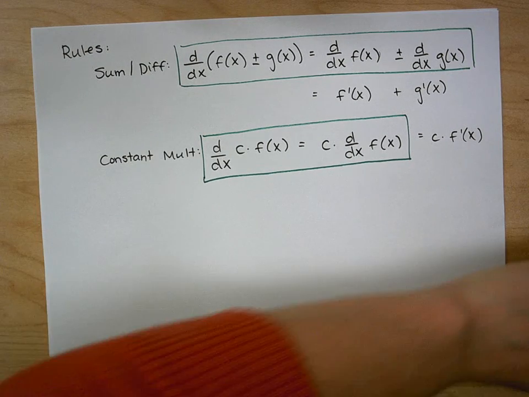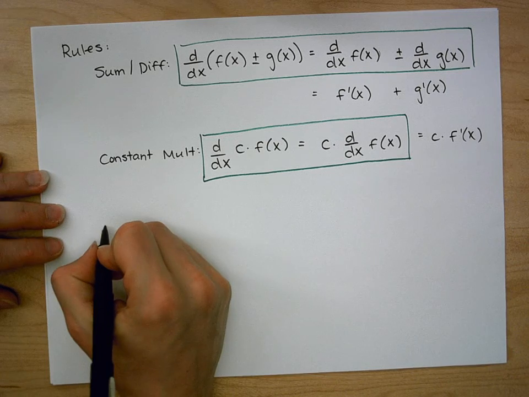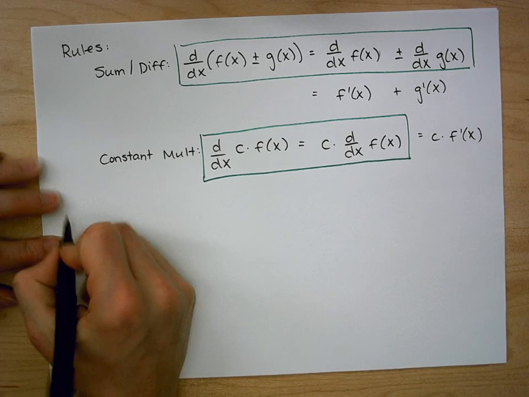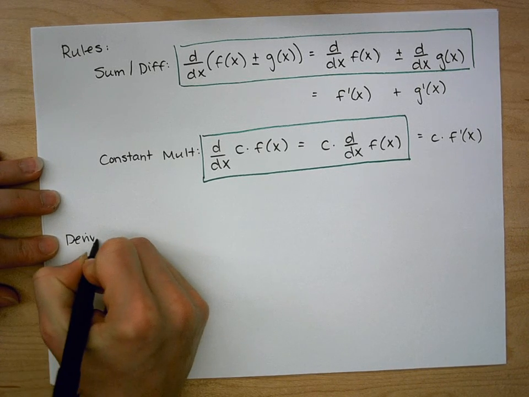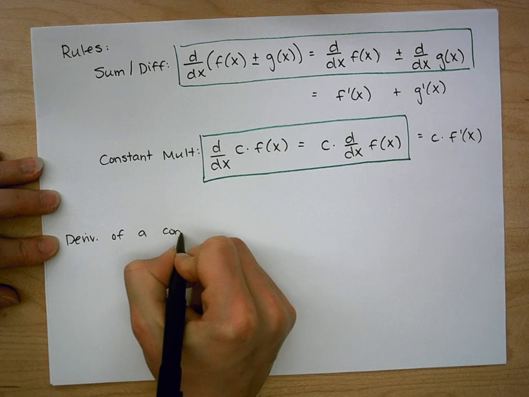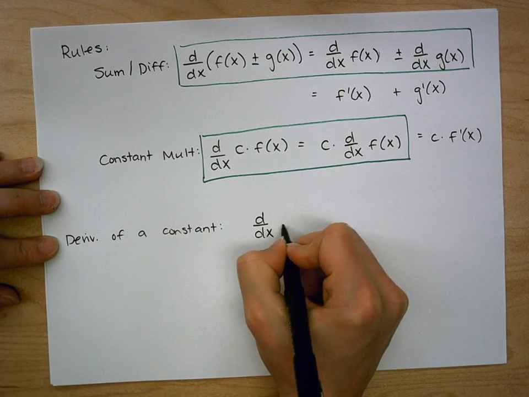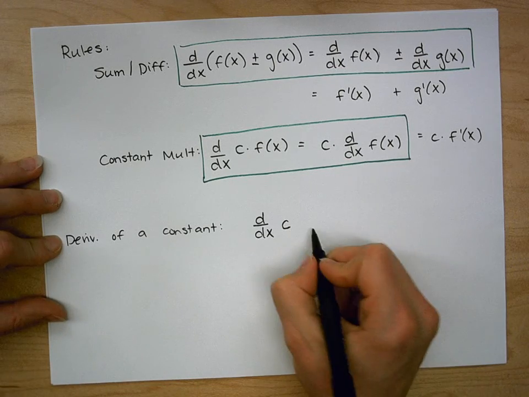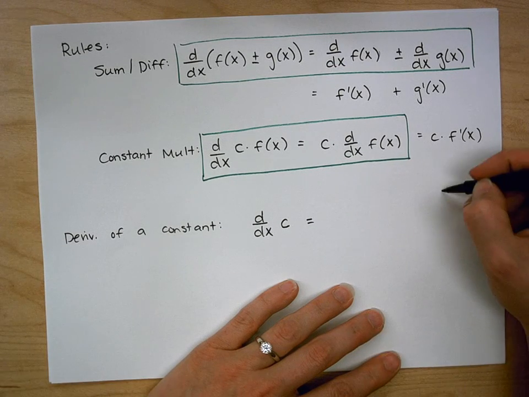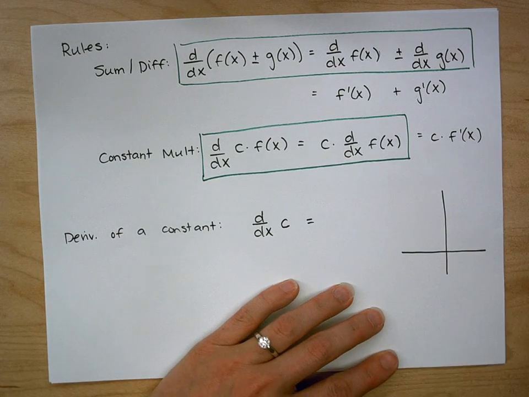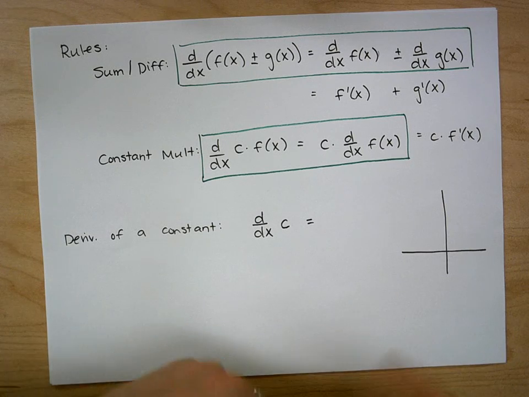Okay, let's just look at two more rules here. One of them is if I have the derivative of a constant. Let's think about that. So a way I could write that is the derivative of some constant. Let's think about what that would be. If you think about it graphically, I think about graphing a constant, something like y equals c.